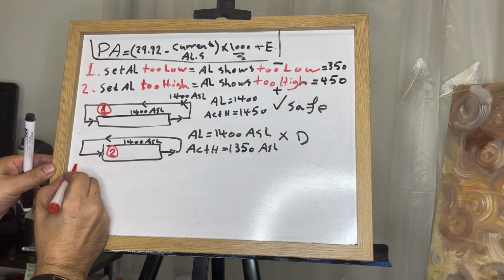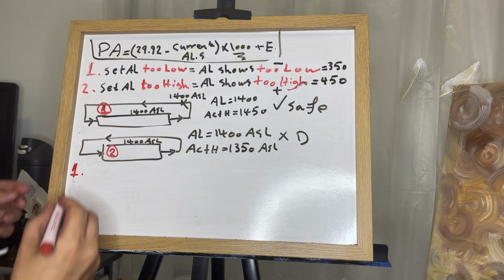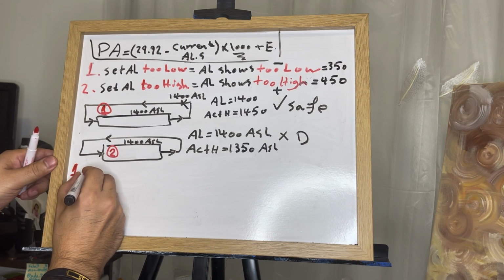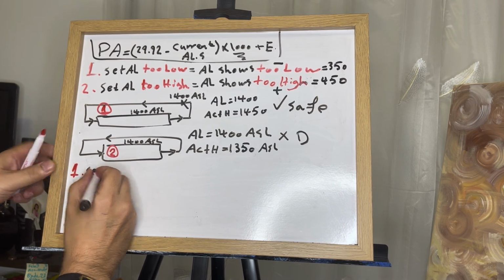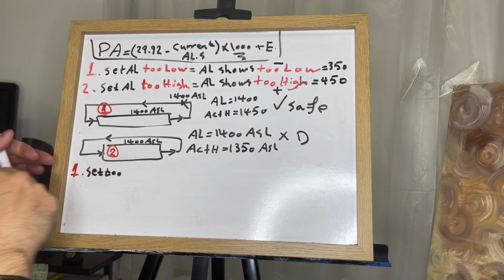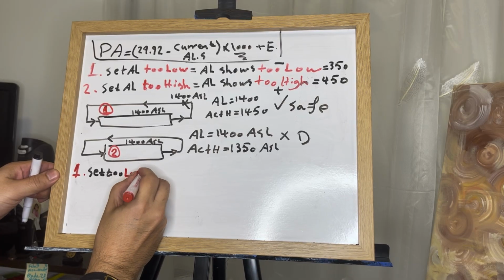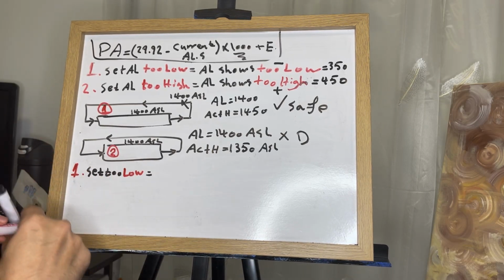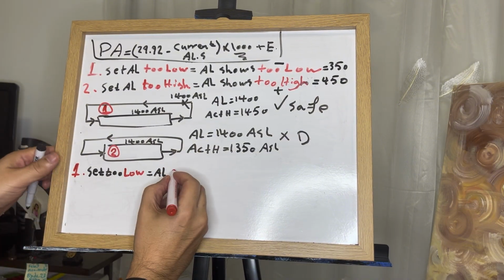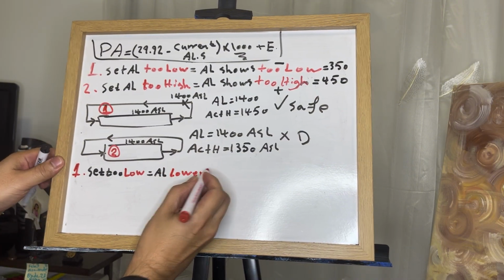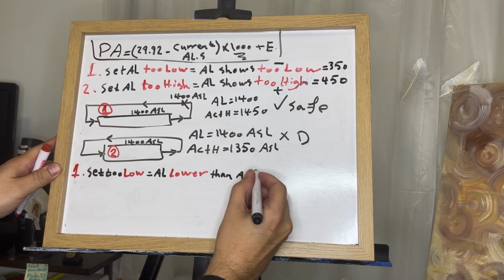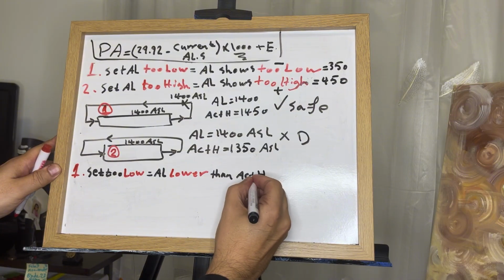Number one, when you set the altimeter too low, the altimeter shows lower than the actual height, right?